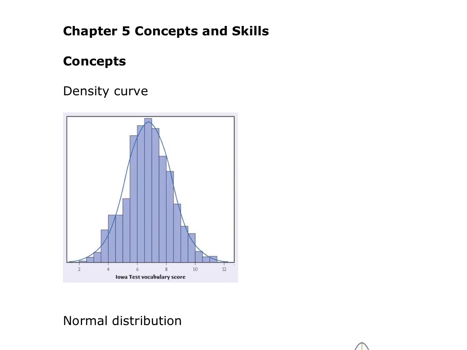Because it's a normal distribution, in other words because it's symmetric, one of the things is that we will use mean and standard deviation to represent or to explain or to describe the data. Use mean and standard deviation to describe.